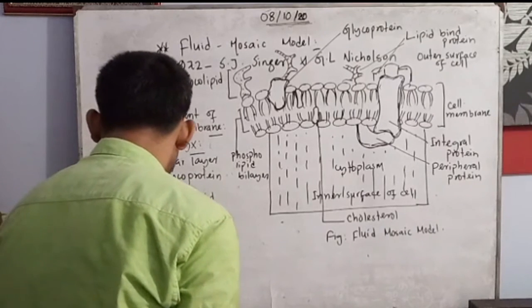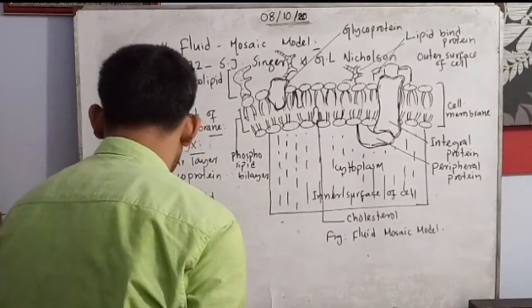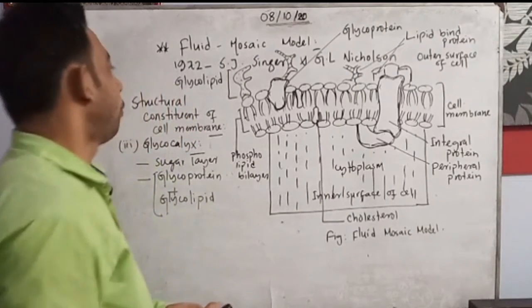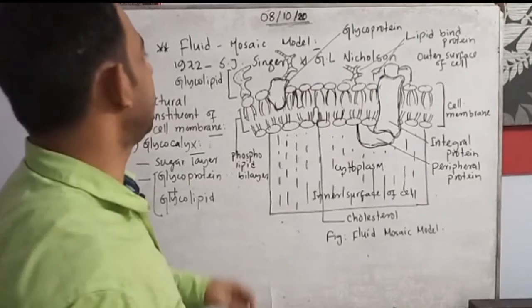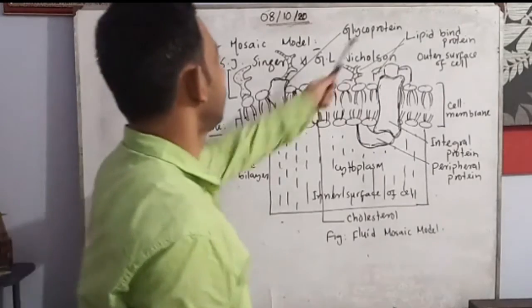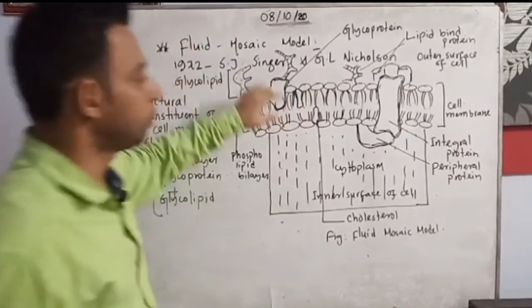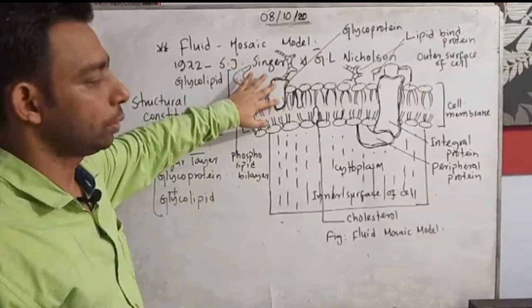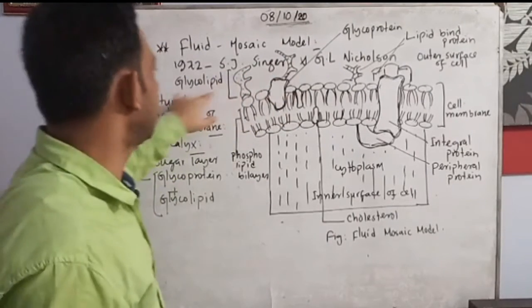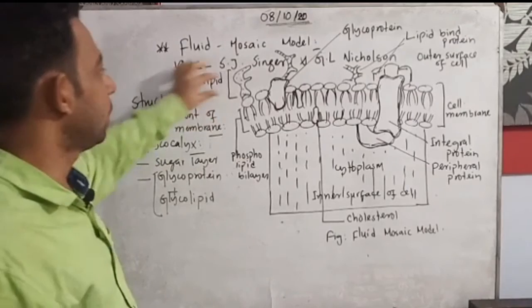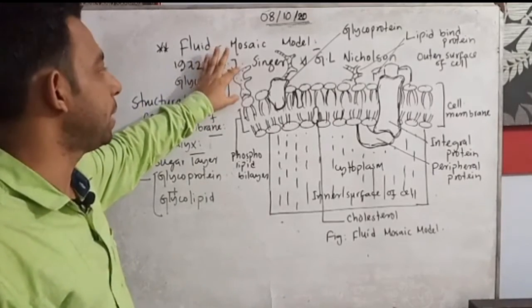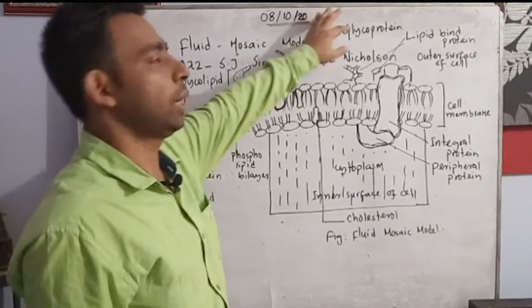Okay, so how can glycoprotein form? Look at here, I have written the glycoprotein, and lipid is also there, glycolipid. This part is termed the glycolipid and this one is termed the glycoprotein.